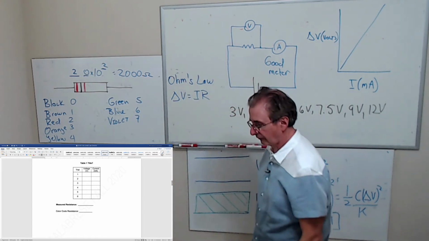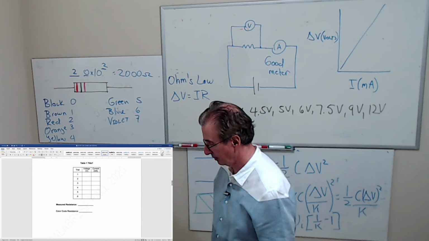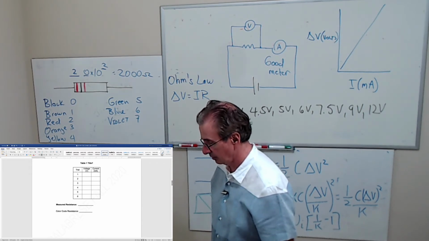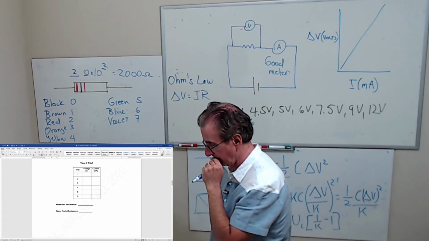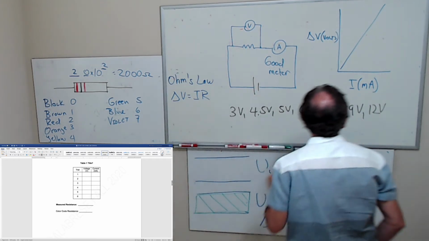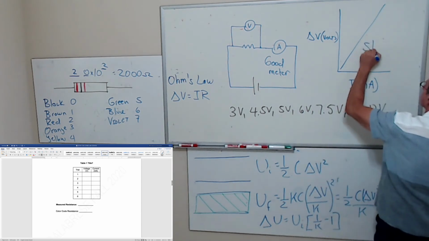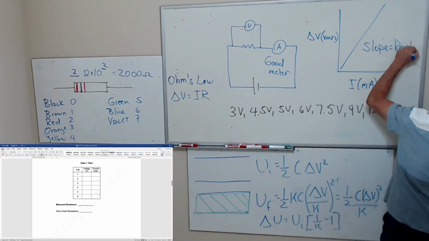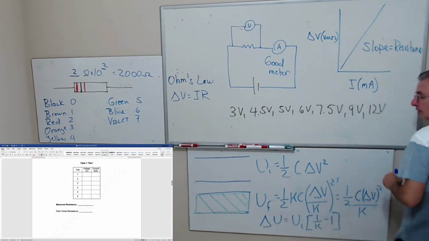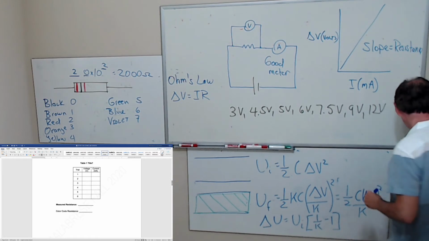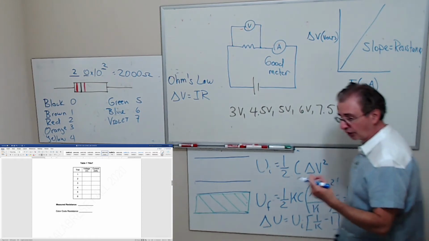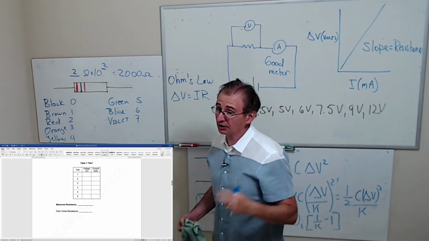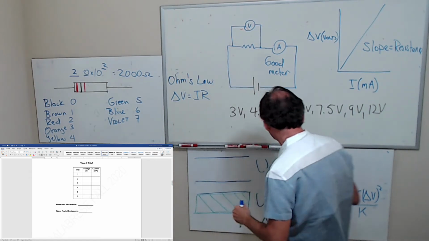What's the slope going to give me when you do the curve fit? Resistance, yeah, so the slope is the resistance. The curve fit is not only going to give you the slope, the resistance, but it's also going to give you how well it knows it. It's going to give you the uncertainty.